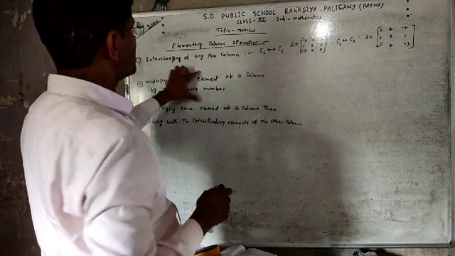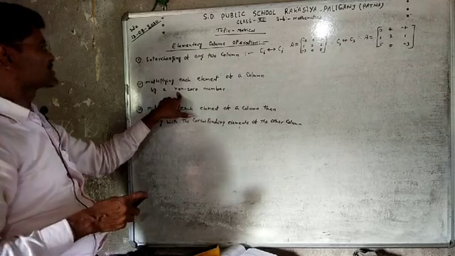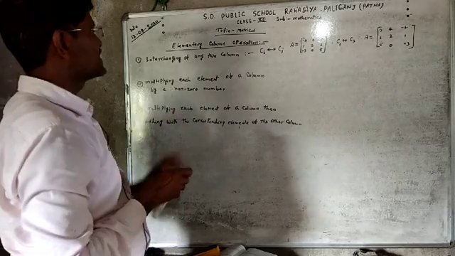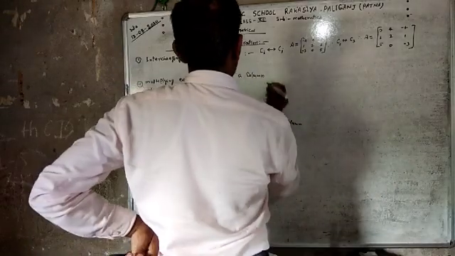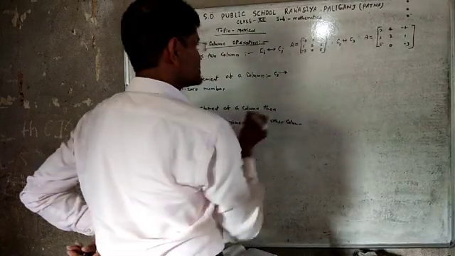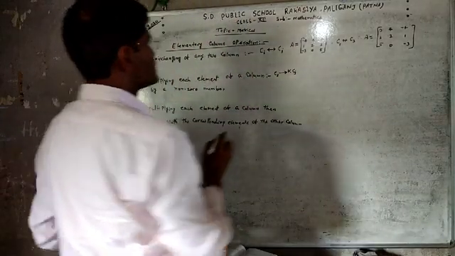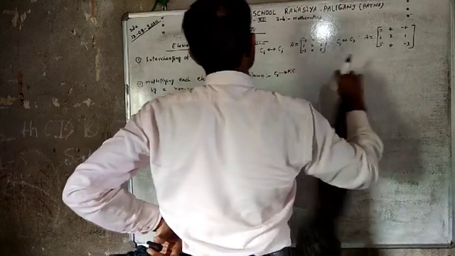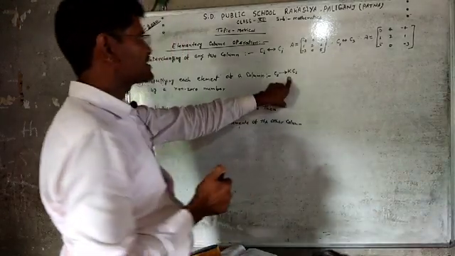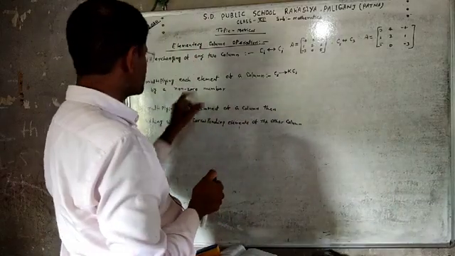Similarly, in the column operation, we can multiply every element of any column by any non-zero number, any scalar quantity. Suppose it is represented by Ci interchanged into KCi, meaning the ith column can be multiplied with a scalar quantity K, where K is a non-zero number.